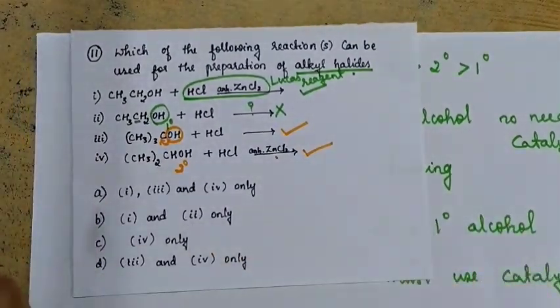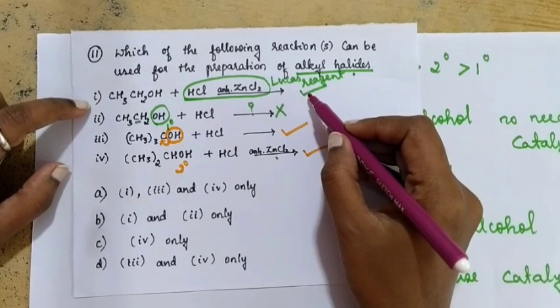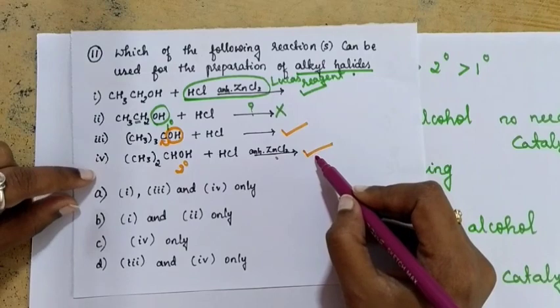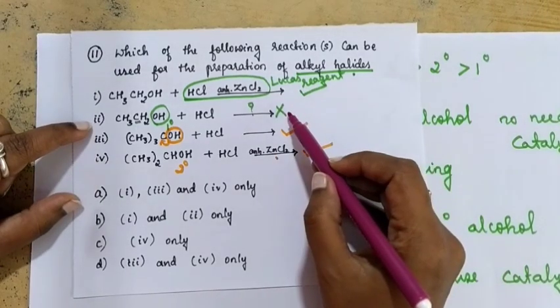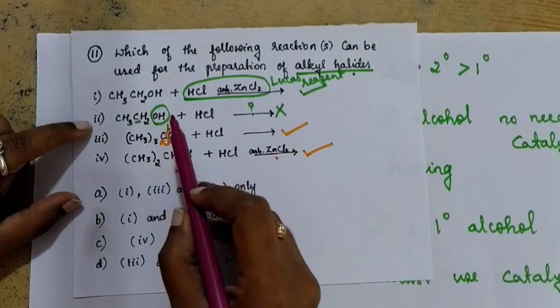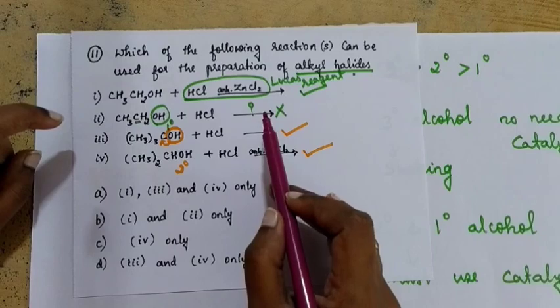So what did you observe? You can prepare alkyl halide from reaction 1, reaction 3 and reaction 4, but not by reaction 2. The reason is it is primary alcohol. When you use primary alcohol, you must use the catalyst like anhydrous zinc chloride.